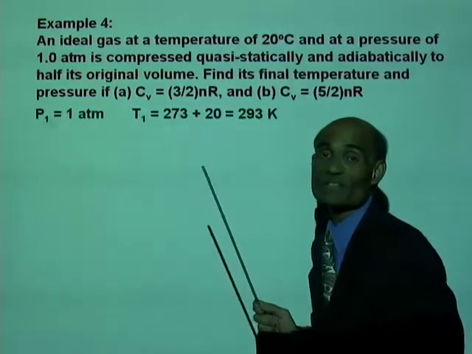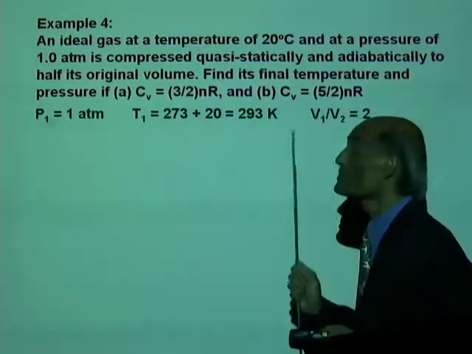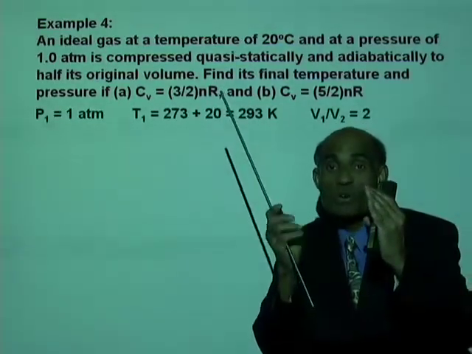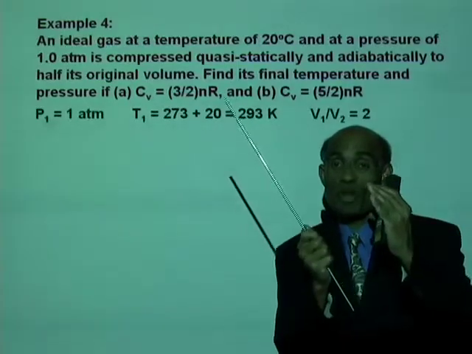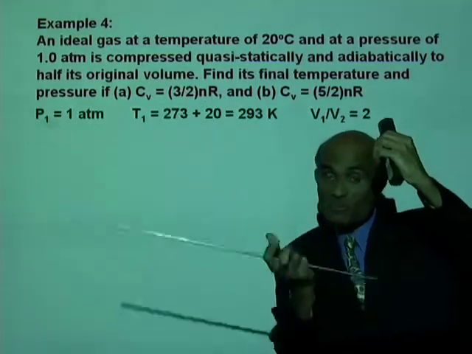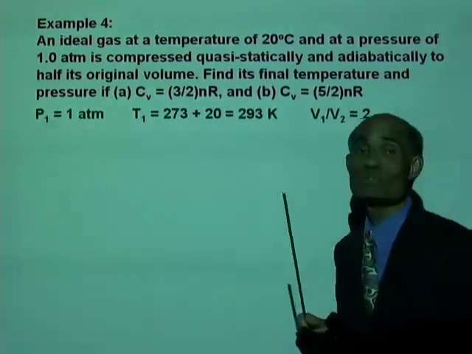That is 293 Kelvin. V1 over V2 equal to 2. Is that right? The gas has been compressed to half its original volume. So the initial volume is 2 times the final volume. V1 over V2 equal to 2.